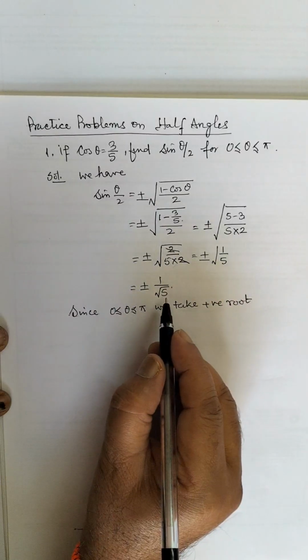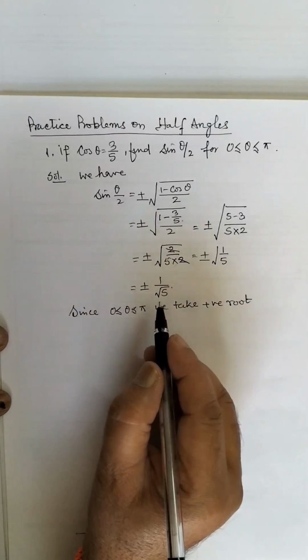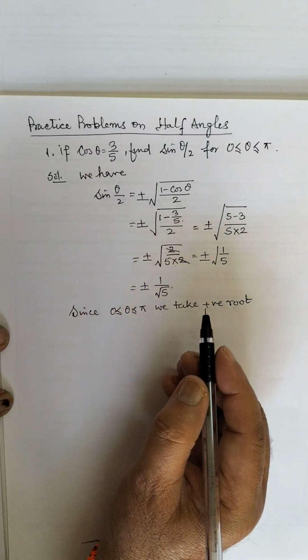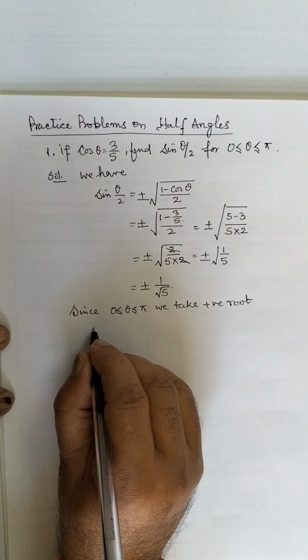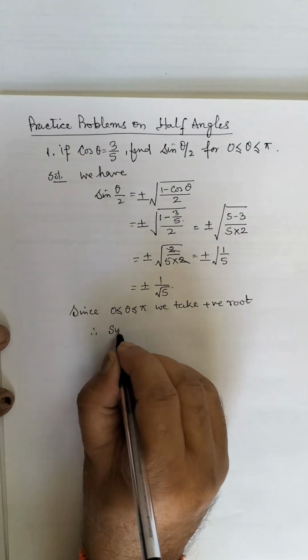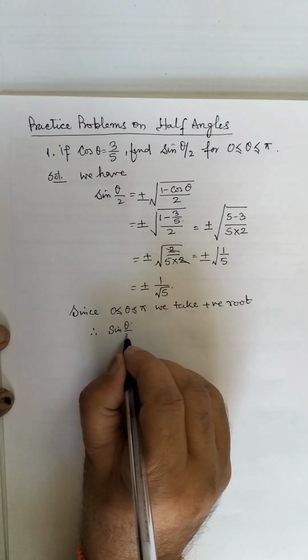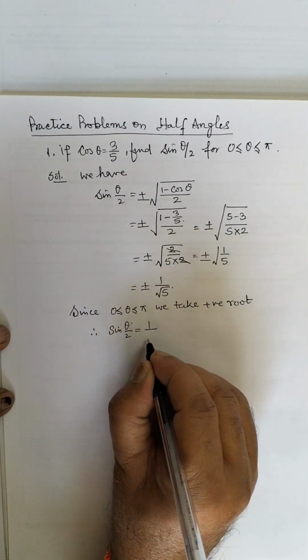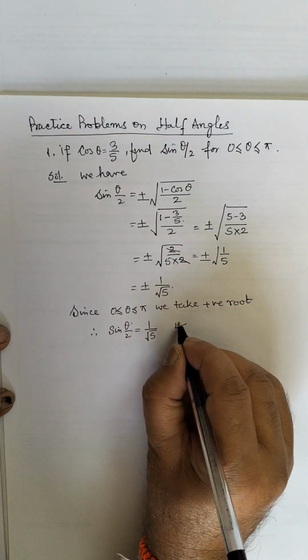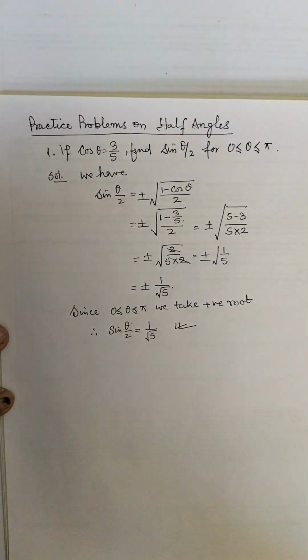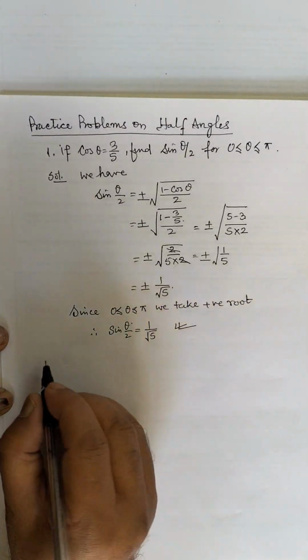Now, as it is in first and second quadrant, we have sine positive, so this will be positive. Sine theta by 2 is 1 on root 5, positive value. This is our final answer. Let us take quickly another question.